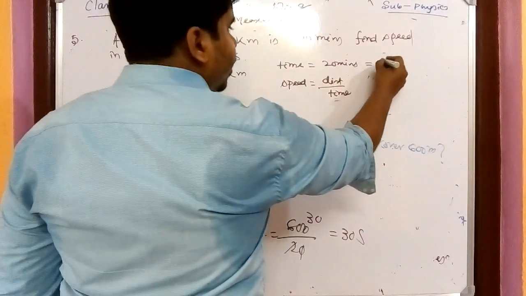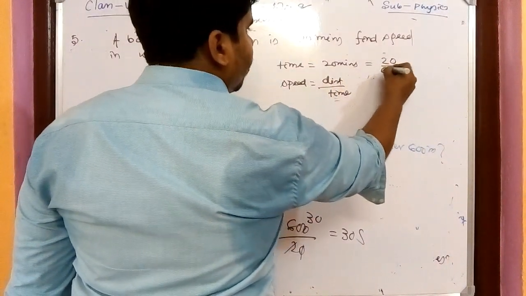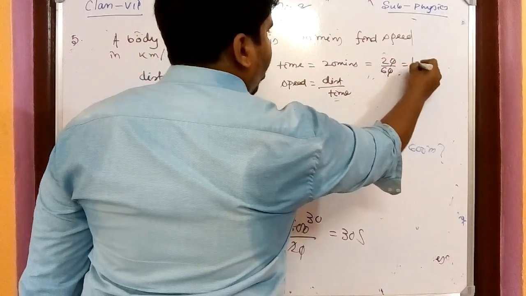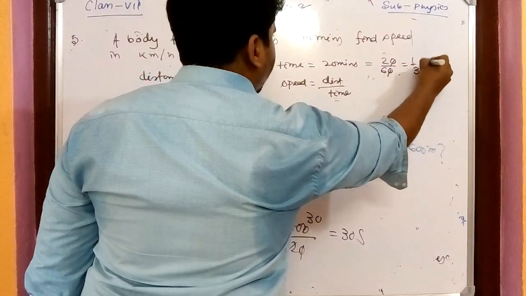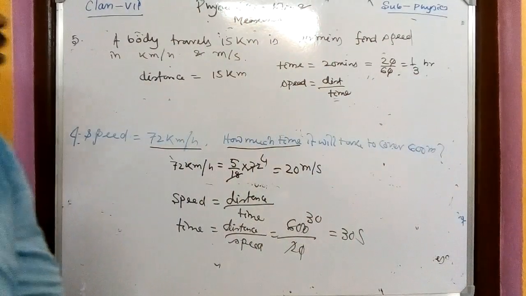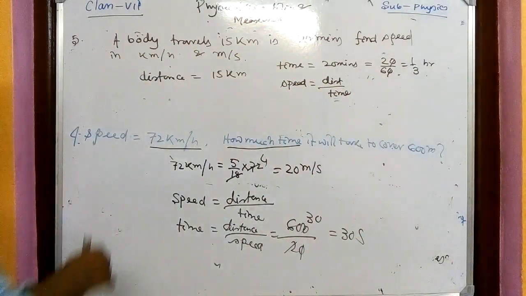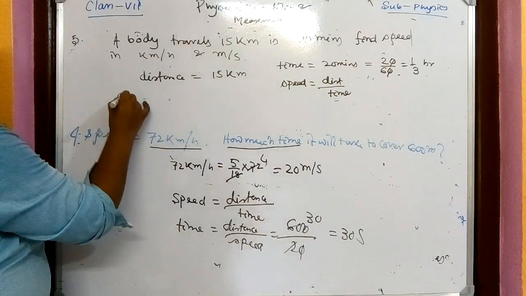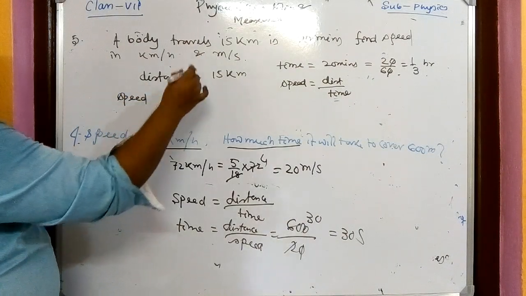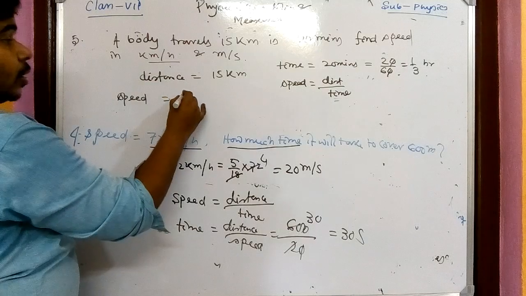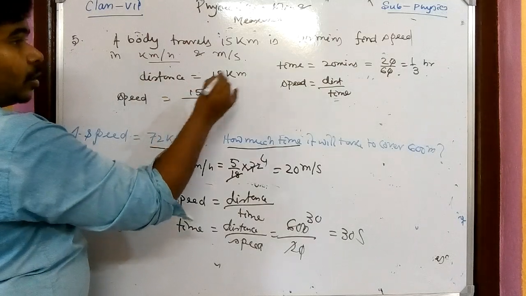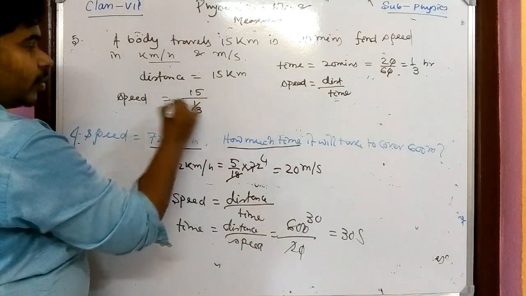So 20 minutes equals 20 by 60, 1 by 3 hour. And now if I want to find the speed, we have to find it in kilometer per hour. So distance is 15, time is 1 by 3 hour.